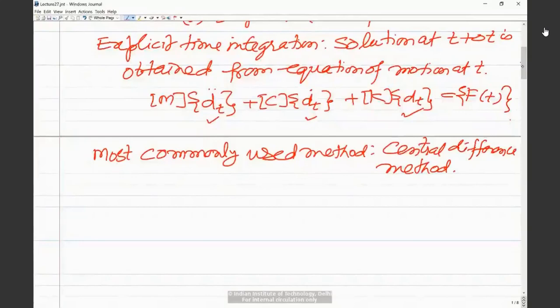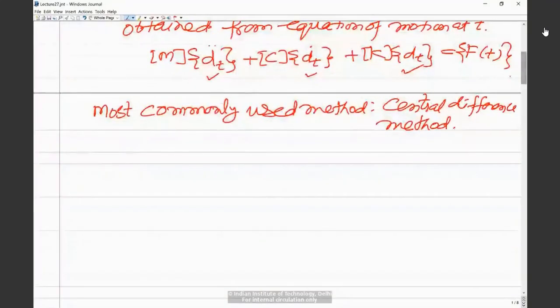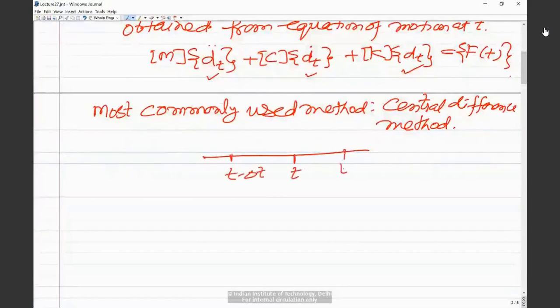In this, you have, let us say, t minus delta t and t, and then t plus delta t. These are the time instances, and you have them on both sides.